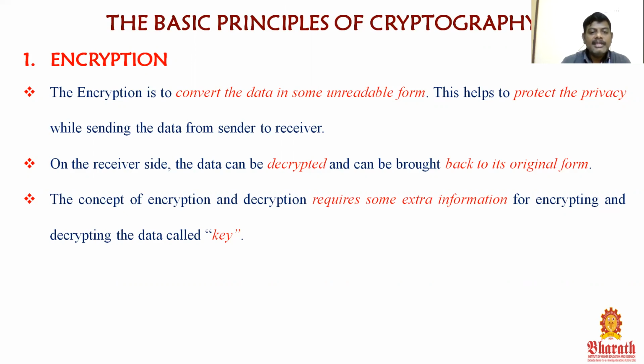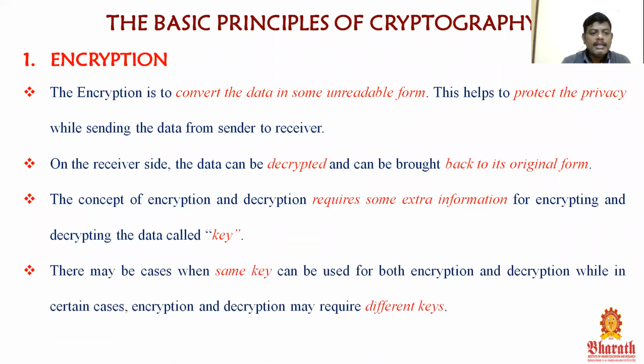For that, we need a particular code to encrypt and decrypt the data. That code is called a key. There may be cases when the same key can be used for both encryption and decryption, while in certain cases, encryption and decryption may require different keys.